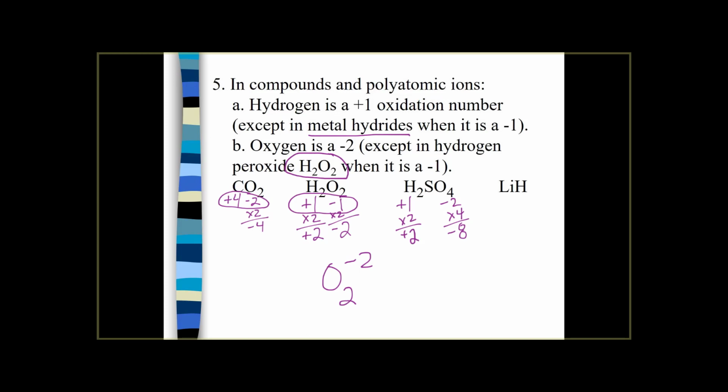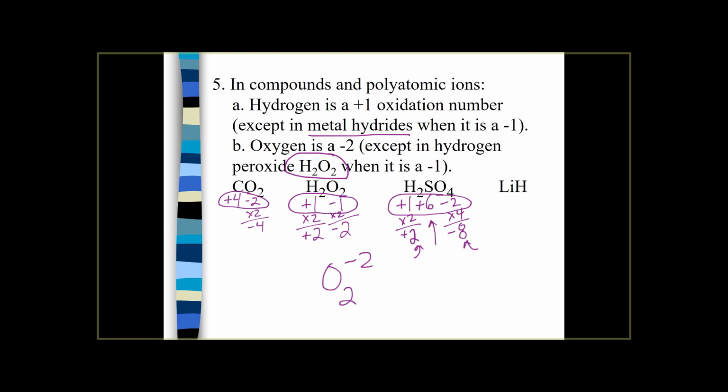And my oxygens add up to equal a -8. So that means my sulfur right here in the middle has to be a +6. So your answer is right here, just the top. So again, don't put the math in the oxidation number. So hydrogen's a +1, sulfur's a +6, oxygen's a -2. I just do the math to help me figure out what that middle one is.